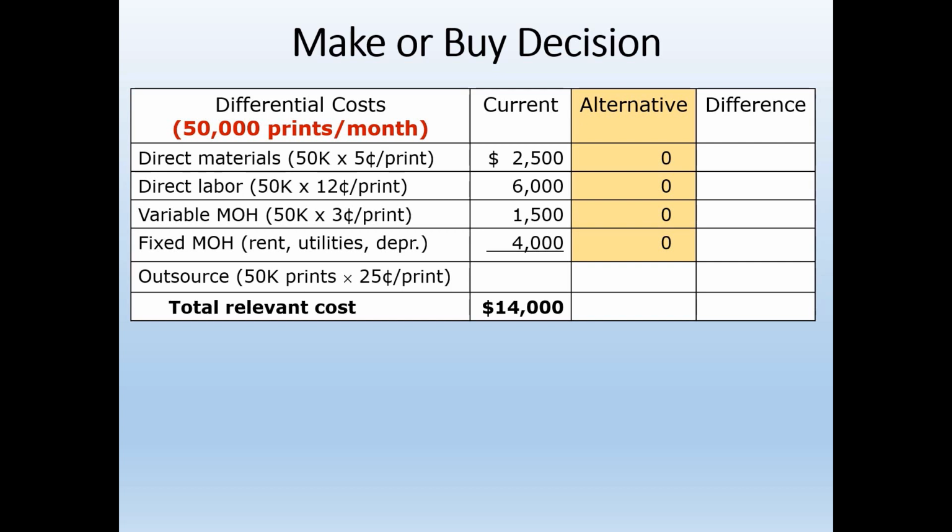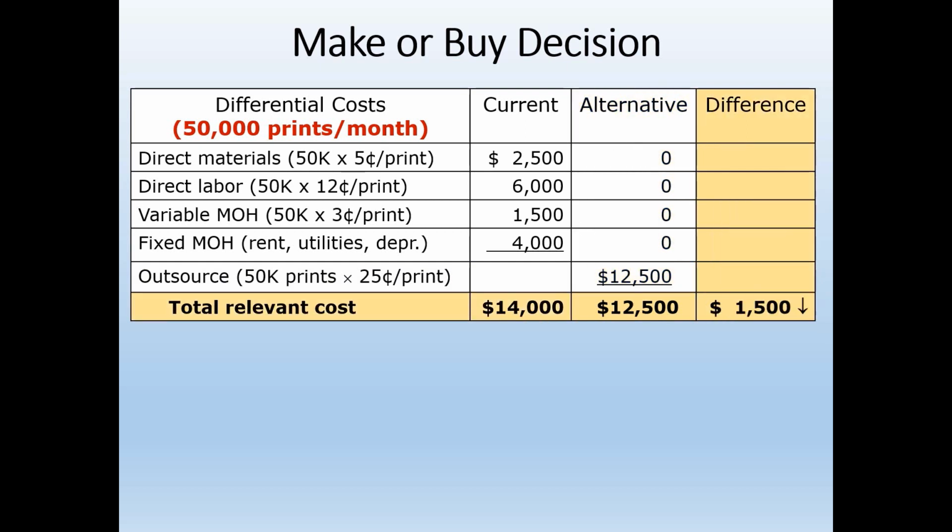If the firm decides to outsource the prints, then none of those costs will happen. Instead, the firm would have to pay the outsourcing firm 25 cents per print for the 50,000 prints, for a total of $12,500.